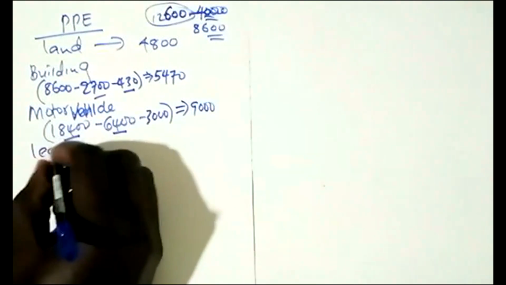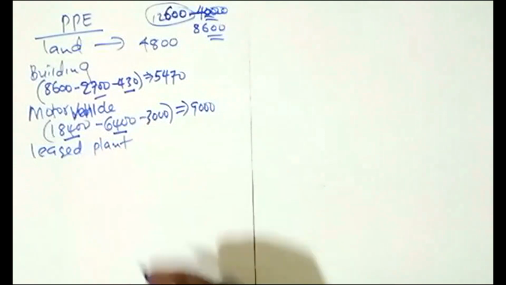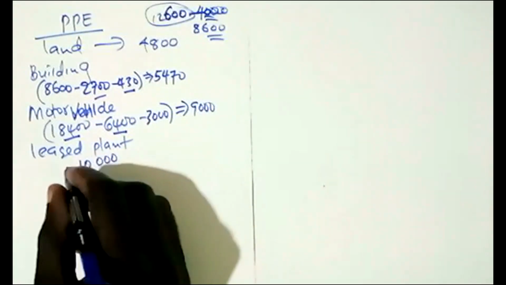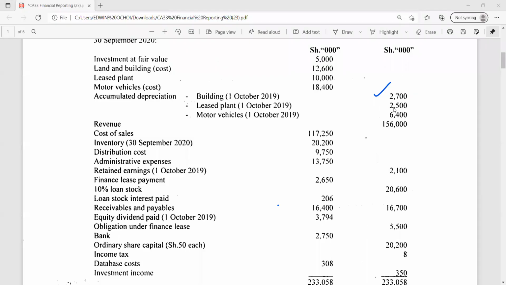Then finally there was a plant. Plant, initially the total value was 10,000 from the trial balance. Then accumulated depreciation is given in the trial balance, 25.